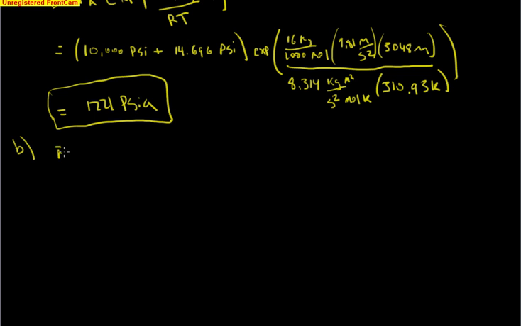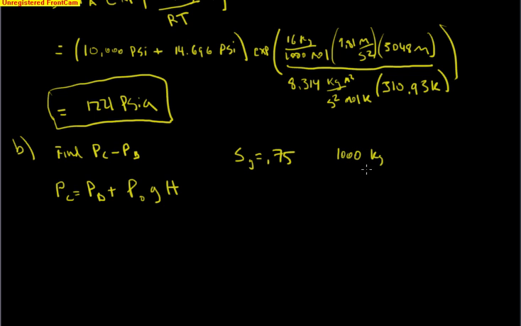So we're asked to find PC minus PB, and we know that PC is equal to PB plus rho of the oil times gravitational constant multiplied by capital H. In the problem statement we are given that the specific gravity of the oil, Sg, is equal to 0.75, and we're given the density of water in imperial units, but the density of water in SI units is just 1,000 kilograms per meter cubed.